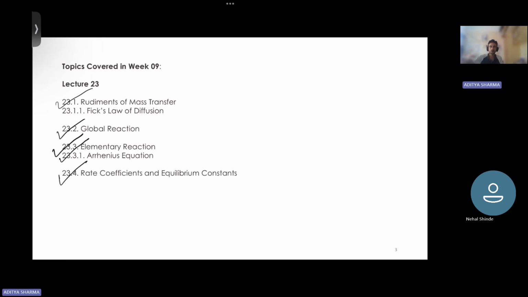Here also there is discussion on rate coefficients of your reaction, which is your k, like I have discussed previously. This is your rate coefficient.